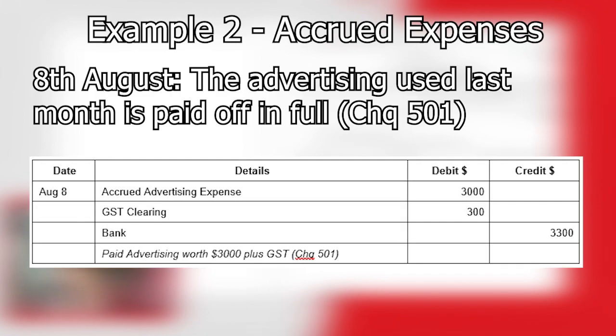Now, next transaction, the following month, we pay it off. So on the 8th of August, the advertising used last month is paid off, check 501. Now we bring up the general journal, we see date 8th of August, and you've got the accrued advertising expense, a debit of 3,000, so that cancels out the liability, so liability balance is 0.